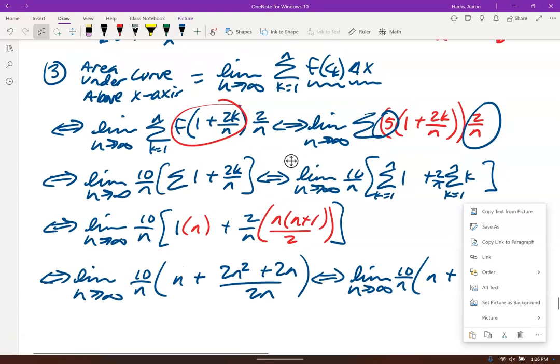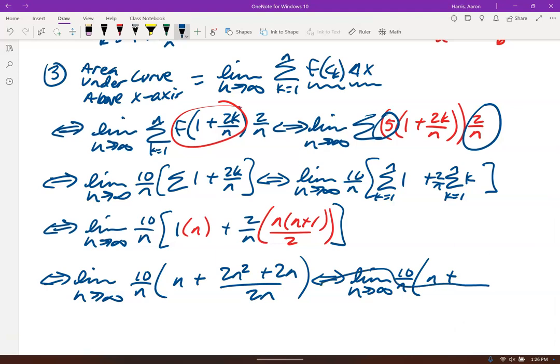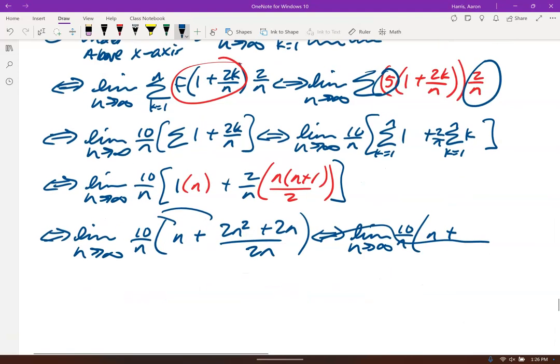Let's go ahead. Actually, I'll just take it through right now. So I got 10n over n, that's a 10, plus 20n squared plus 20n all over 2n squared.